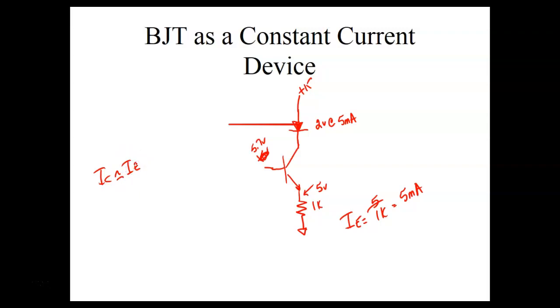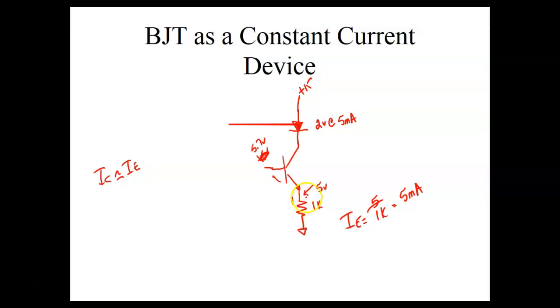We know it's slightly less; a while ago we looked at microamps on the base side and milliamps on the emitter side, and subtracting the microamps gives us IC. For all practical purposes, we say IC and IE are equal, but they're not. So in a test, if it says IC equals IE, that's false. If it says IC approximately equals IE, that's true.